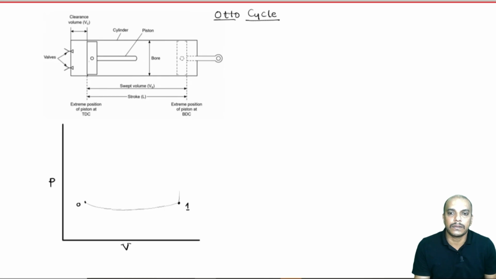So, this cannot be analyzed. So, we will assume that the pressure remains constant during this process, that is an assumption. So, pressure remains constant during the suction stroke. So, this is our suction stroke, actually 0 to 1 is our suction stroke.